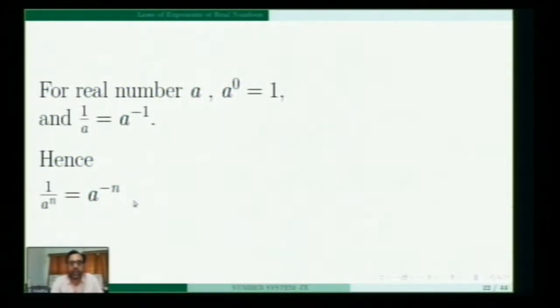Once n is a natural number, minus n is an integer. So we have extended our exponents from natural numbers to integers. Now I want to continue this to rational numbers.